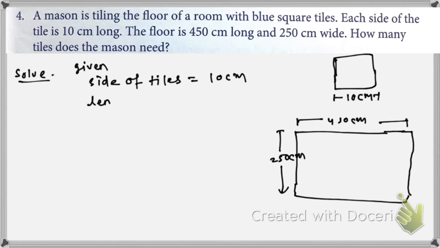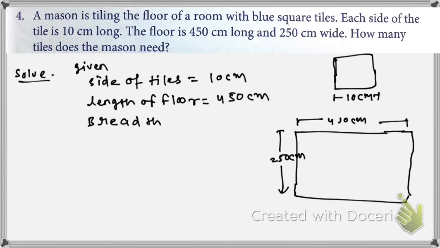We have been given the length of floor, that is 450 centimeter, and we have also been given the breadth of floor, that is 250 centimeter. How many tiles does he need? Now you can see that, how much area does one tile cover?